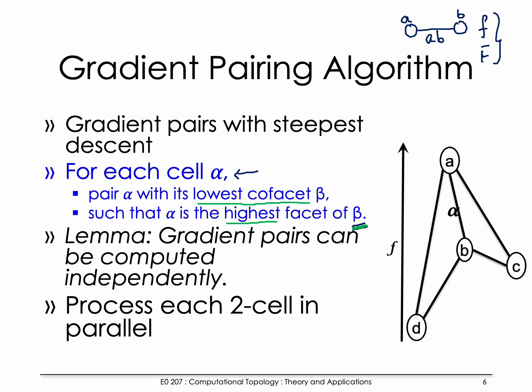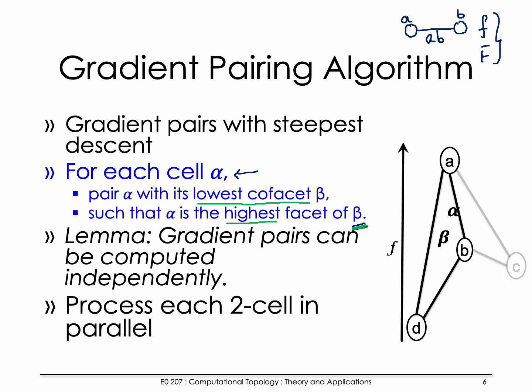For both triangles, alpha is the highest facet on their boundary. Right? Now among the two, I want to choose that beta which is the lowest. So the lower one turns out to be the one which is incident on D.